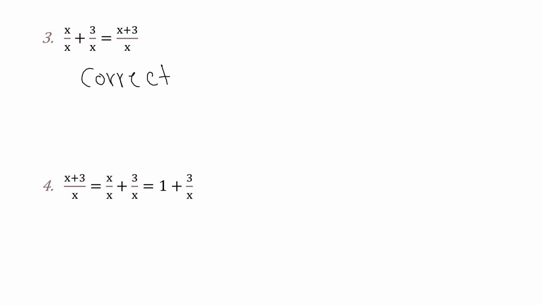I can technically take this one step further because anything over itself is equal to 1, which means x over x reduces to 1, and that is the same value as this, so this is correct.